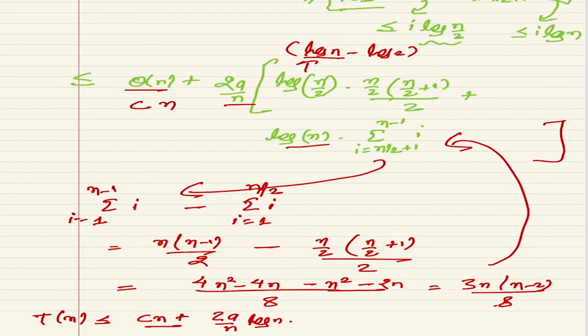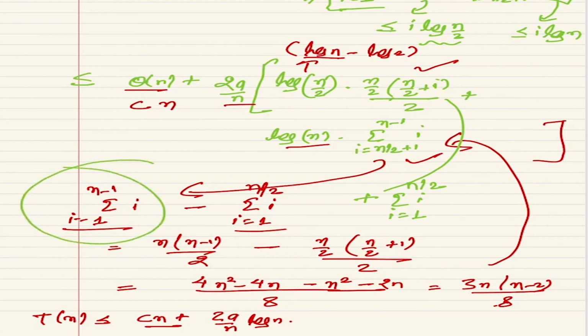And we have to add this and this. You will now say that I just got this by subtracting this minus this. And now I am adding plus sigma i equal to 1 to n by 2. So I think I can go back to this term and say, adding this and this will give me this particular term.